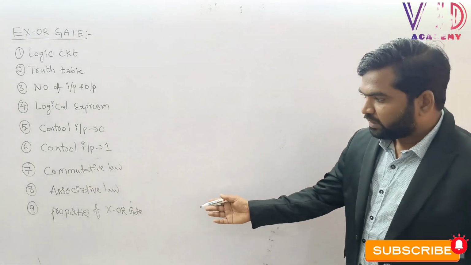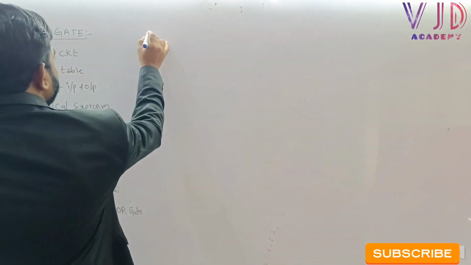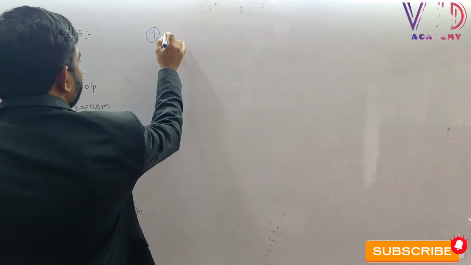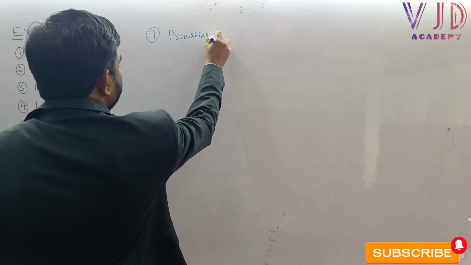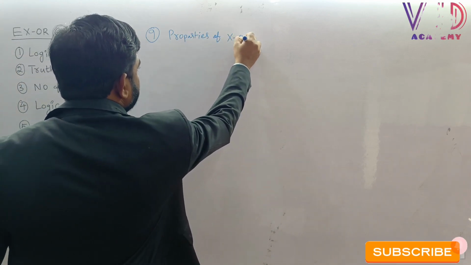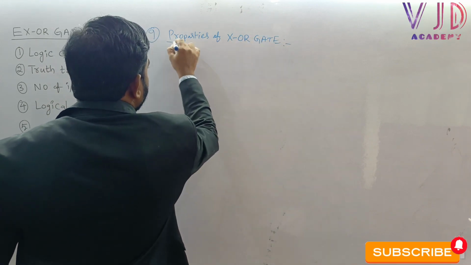The leftover part here is properties of XOR gate, the ninth point. Let us try to understand a few properties.